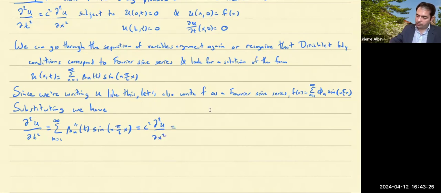So if we're guessing that u is going to have this form, then this would give us c squared times the sum, n goes from 1 to infinity, of beta n of t times minus n pi over L squared sine n pi over L x.